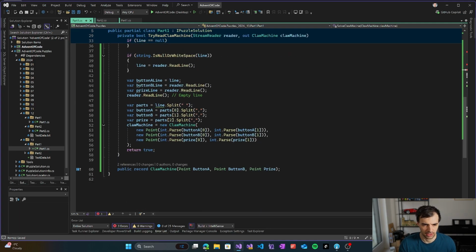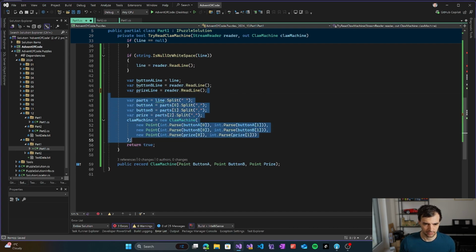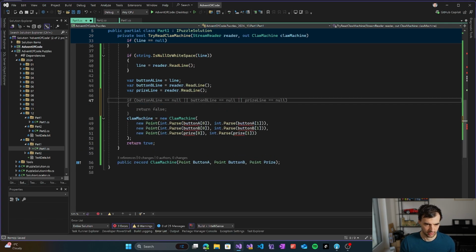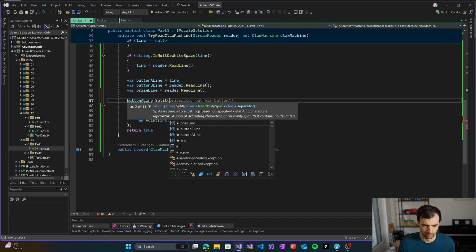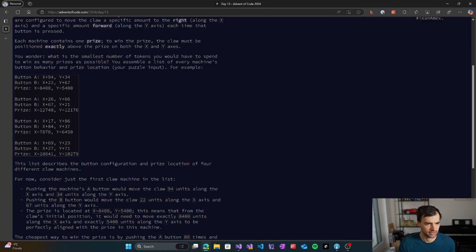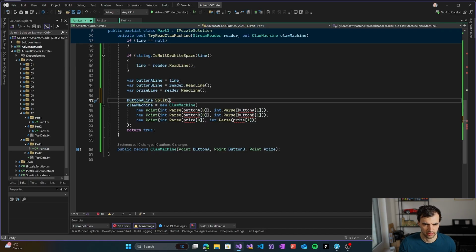Then we need to read the claw machine. What we have to do is take the button A line and split it by colon, giving us parts.